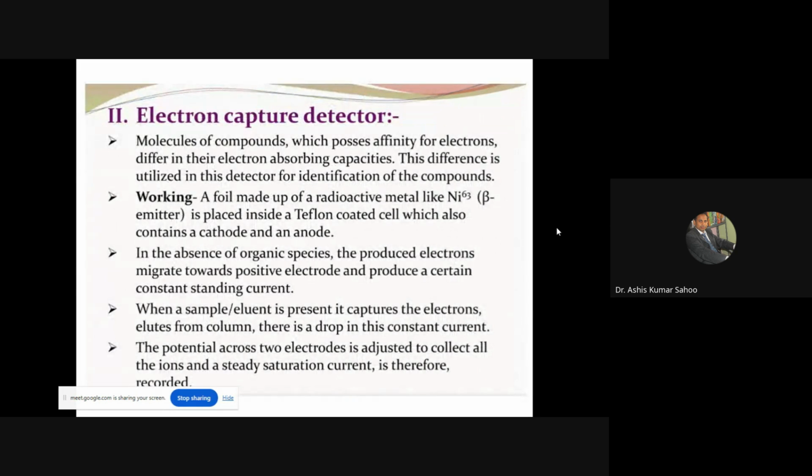Electron capture detector: molecules of compounds which possess affinity for electrons differ in their electron absorbing capacity. A foil made of a radioactive metal like nickel is placed inside a Teflon coated cell. So these are the characteristics of the electron capture detector.